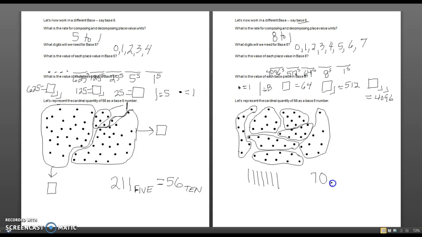So again, I need to tell people that I am working in base 8. So 70 in base 8 is the exact same thing as 56 in base 10.